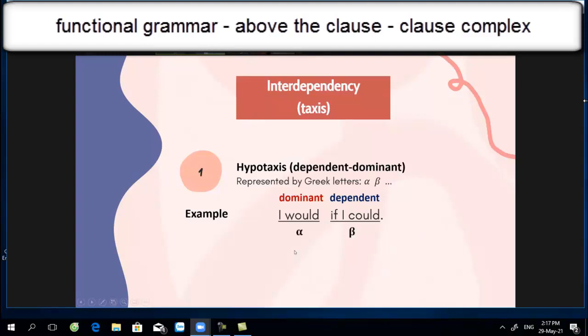For this one, we have the first part as the alpha and then the second part as the beta. So just like that, we have the sentence, when you need me. This is the dependent part, and we mark it as the beta. I'll be back. This is the dominant part or the primary clause. We mark it as alpha.